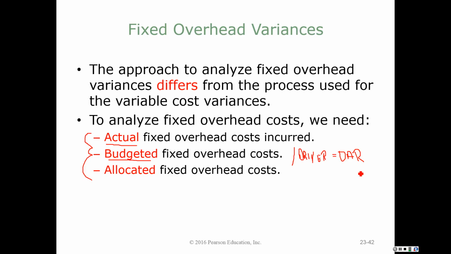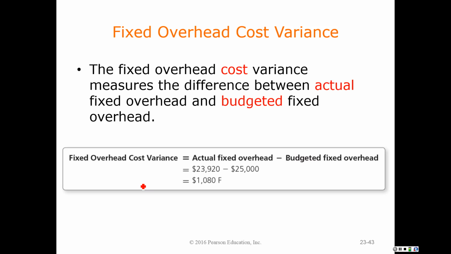So careful here. I've got what I actually spent on overhead, and I have what I budgeted. Budgeted overhead divided by my budgeted driver gives me my overhead application rate, and I use my overhead application rate to allocate overhead to my products. Okay, so these are three different terms, and you need to understand the difference in them.